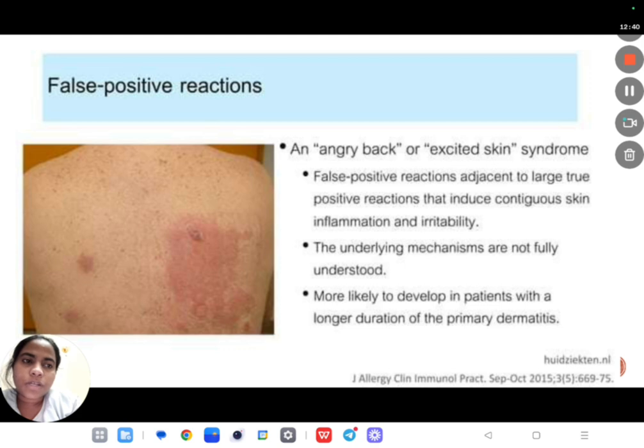False positive reaction: in this case, an angry back syndrome is there, which is a false positive reaction adjacent to a large true positive reaction that induced contiguous skin inflammation and irritability. The underlying mechanism is not fully understood; it is more likely to develop in patients with a longer duration of the primary dermatitis.